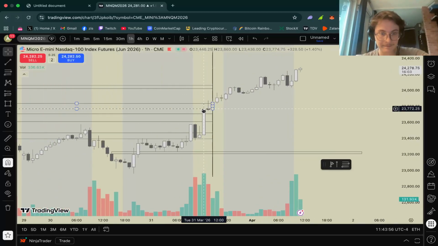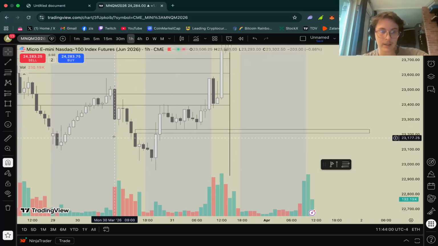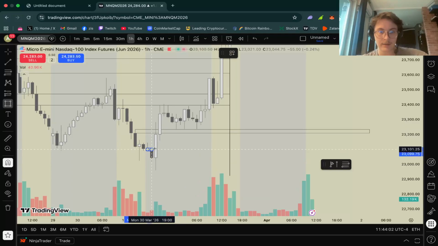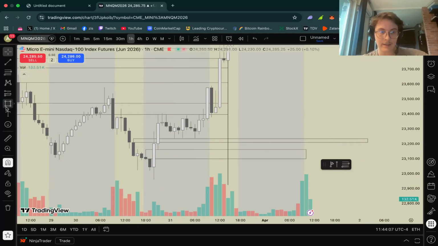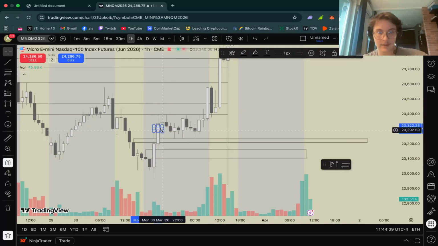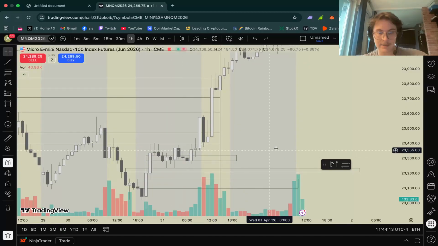Going down to the 1 hour, as you see, we had a 1 hour gap here, untested. We had a 1 hour here, which was being accepted. We were making higher highs.